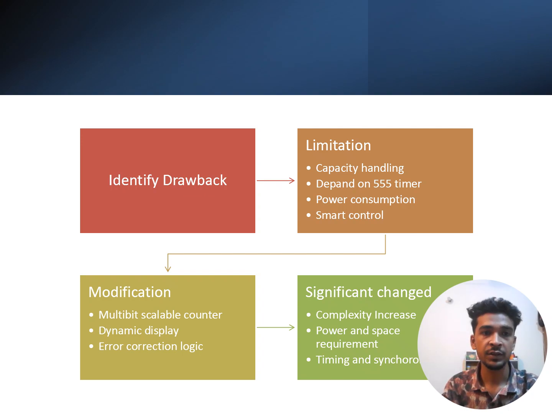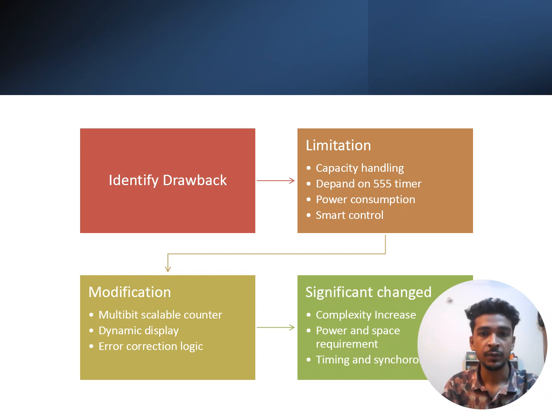It becomes inefficient for parking with significantly higher capacity, as the number of bits required for the counter increases. Then dependence on the 555 timer for blinking, as the system relies entirely on passive timing. Then power consumption. Continuous blinking for available space consumes more power than needed, especially when idle.